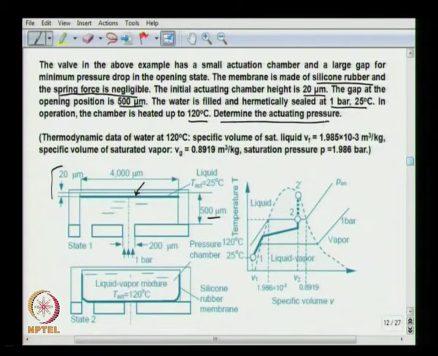The pressure that we have in this state. And we have the thermodynamic data for water at 120 degree centigrade. The specific volume of saturated liquid is given, and the specific volume of saturated vapor is given, and the saturation pressure is also given, which is 1.986 bar. So, we are going to look at how we can find the actuating pressure.